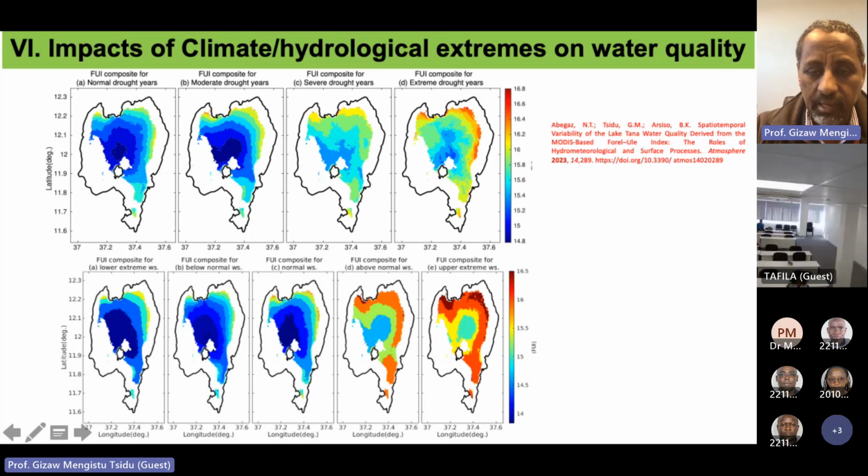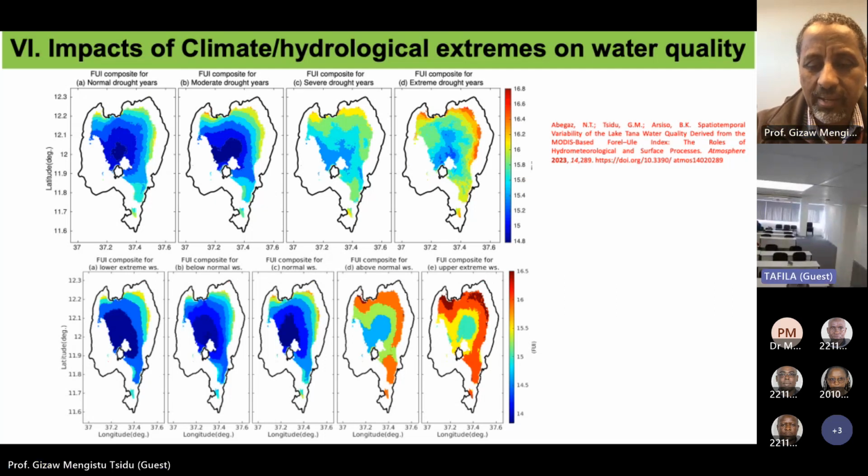And wind speed is another parameter that affects the water quality. High wind speed means a lot of sediments from neighboring areas will be transported to the lake, and the clarity of the water will deteriorate. That's exactly what you see, and it's amazing that you can see this from satellite. Naturally, we know from experience, if there is a lot of wind, it will carry a lot of dust.